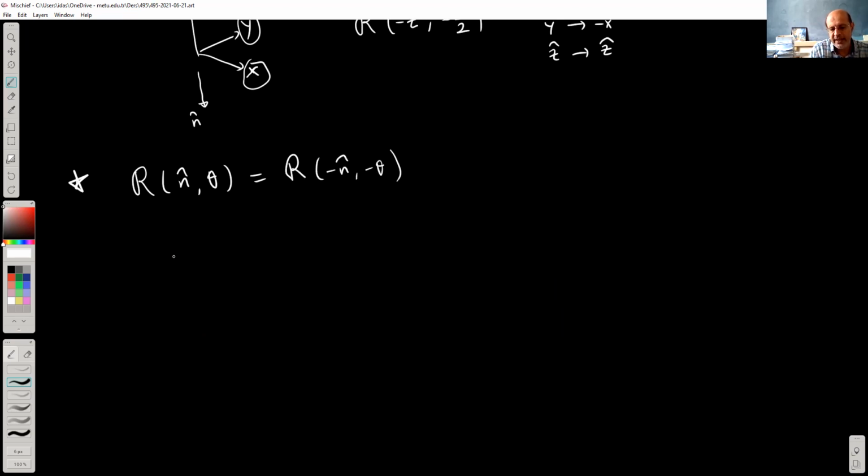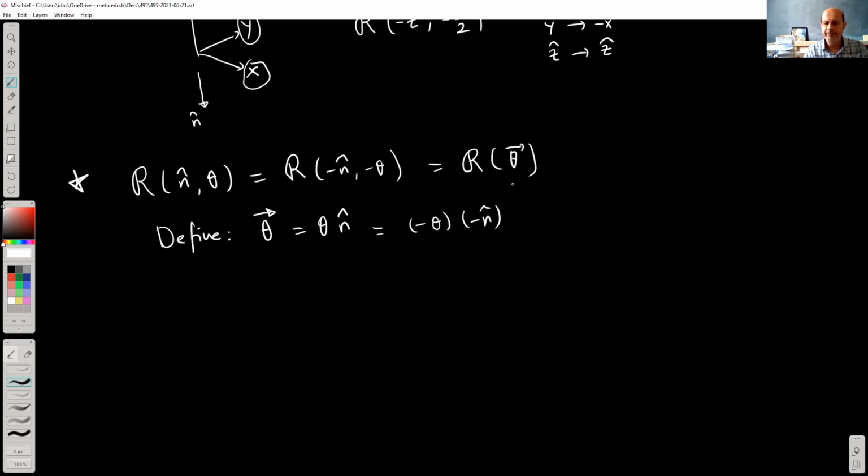So what's interesting in here is that if I define the product of these two, the angle with the rotation axis, I'm multiplying the angle with the rotation axis, in which case, since I know that minus theta multiplied with minus n gives me the same thing, we don't have any ambiguity in the notation. So as a result, I can express the same rotation with a three-dimensional vector, right?